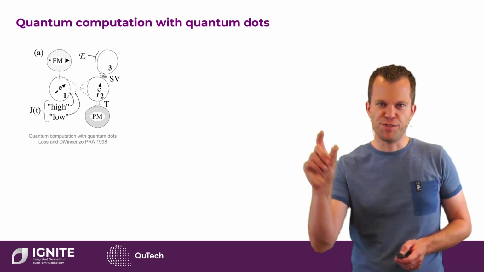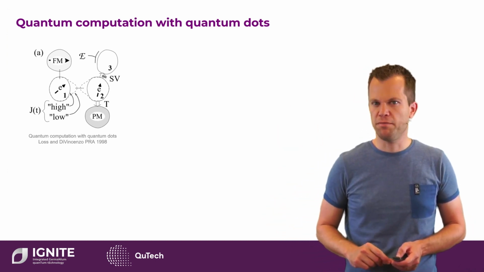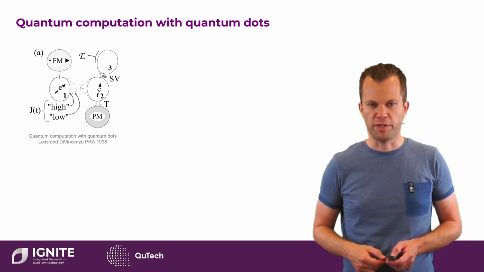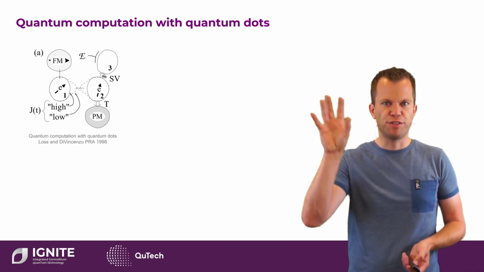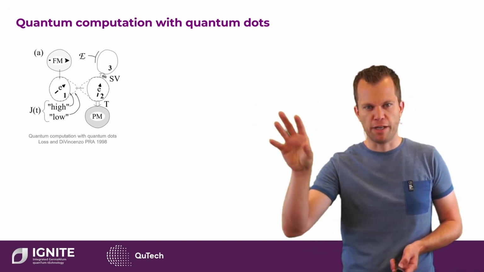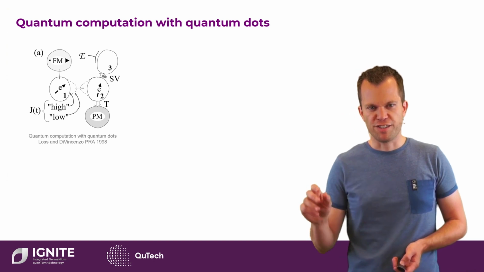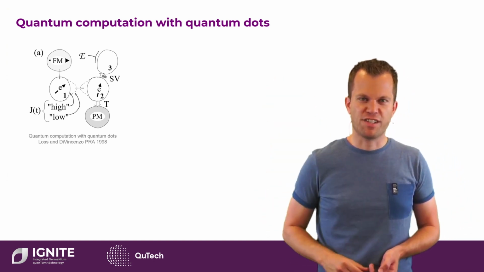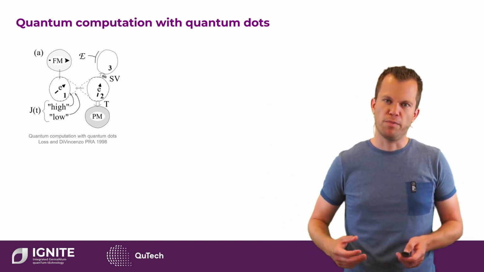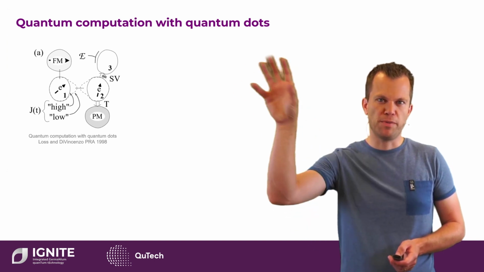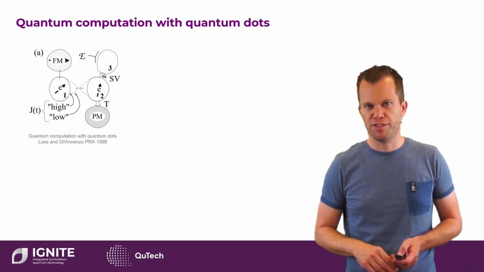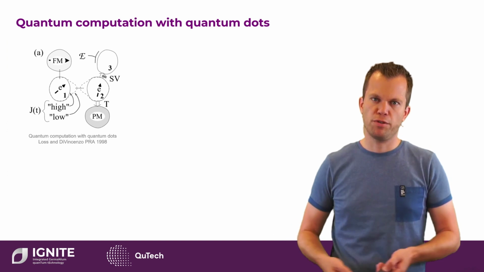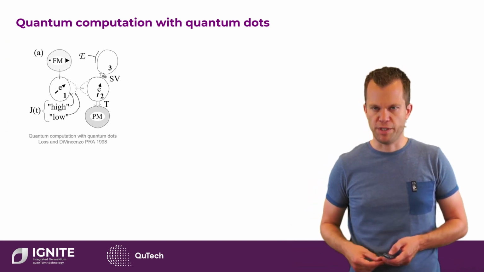The second part is, you see this arrow here, denoting the spin that we're using as our qubit. And you see that there are different quantum dots. One is a FM, a ferromagnet. The other is an electron. And you see that these axes are slightly different. This may denote that these spins may be in different states in different quantum dots. But it may also relate to different kinds of questions.